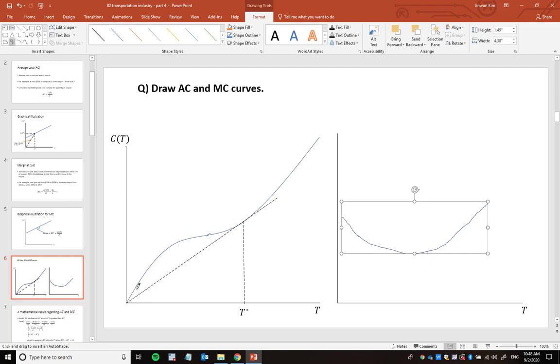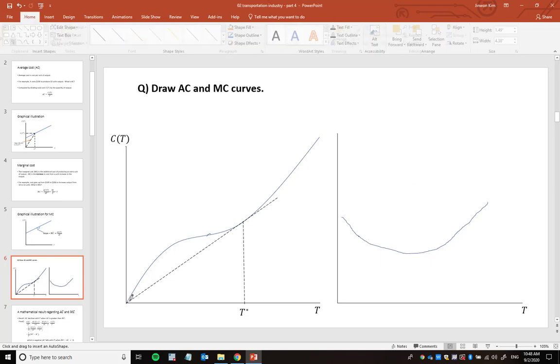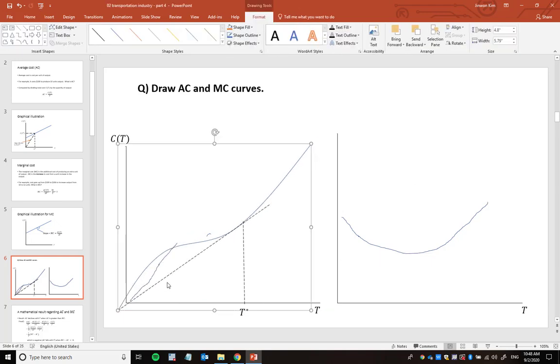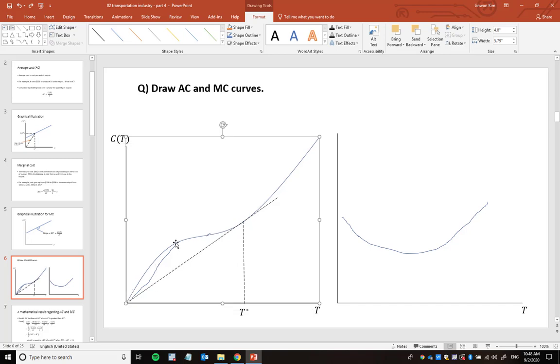How about the average cost? Let's first look at this point here. We draw this straight line, and the slope of this straight line at this point is the average cost. The average cost curve is also declining until this point. Why?